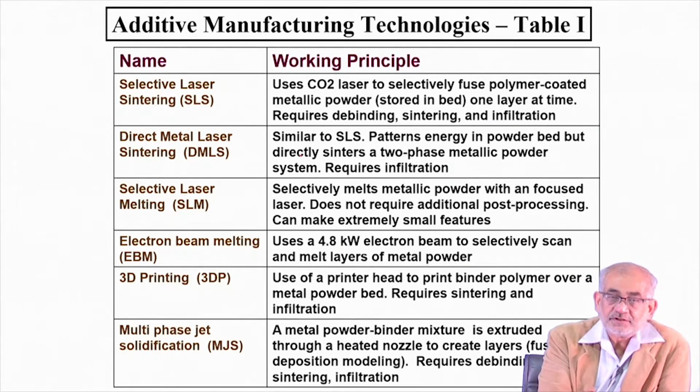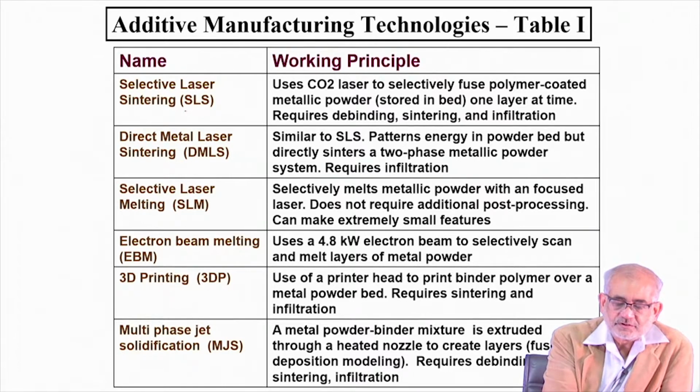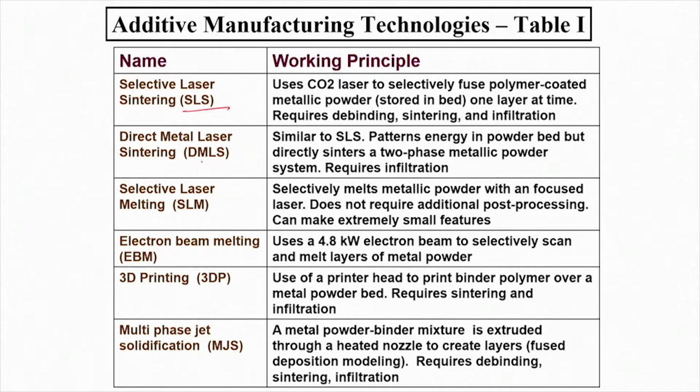Depending on the approach, some of these are called selective laser sintering or direct metal laser sintering. In selective sintering, you use a laser to sinter the powder feed up to a certain depth, and the powders themselves will have a certain binder coating on them.